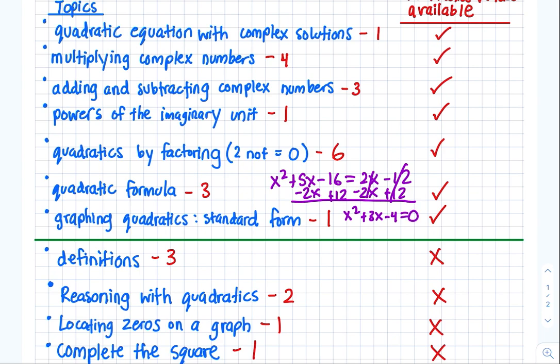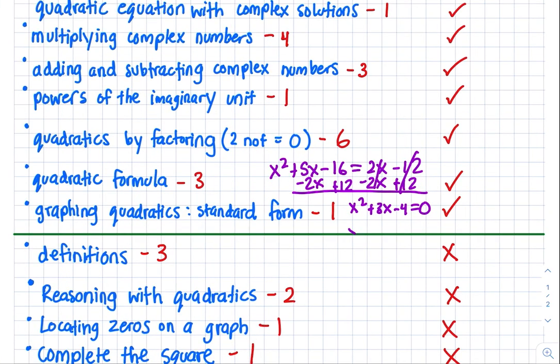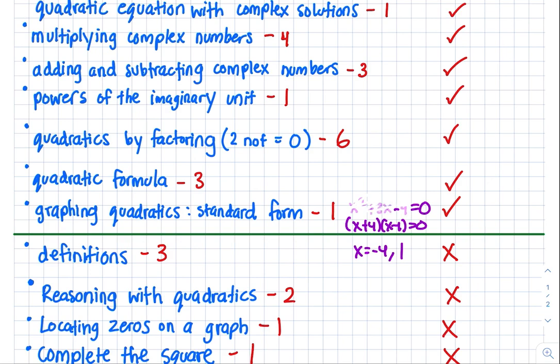Then from there you just factor, which would be x plus 4 and x minus 1 is equal to 0. Your answers would be x equals negative 4 and 1. So there's going to be 2 of those questions where you have to set it equal to 0 and then solve by factoring.